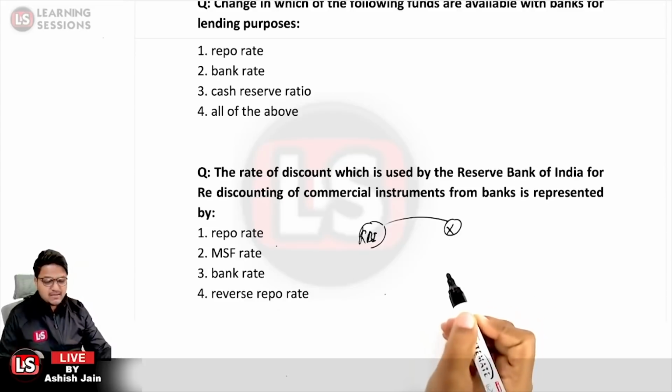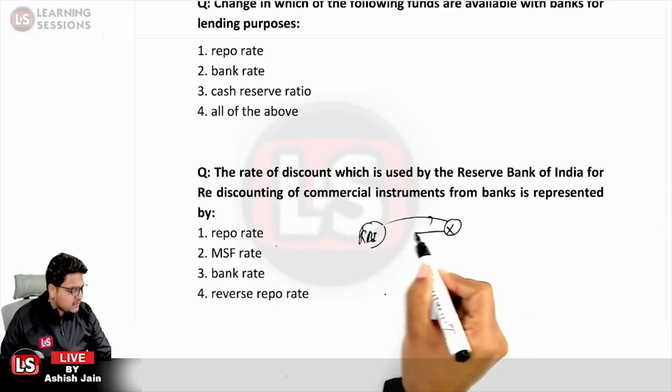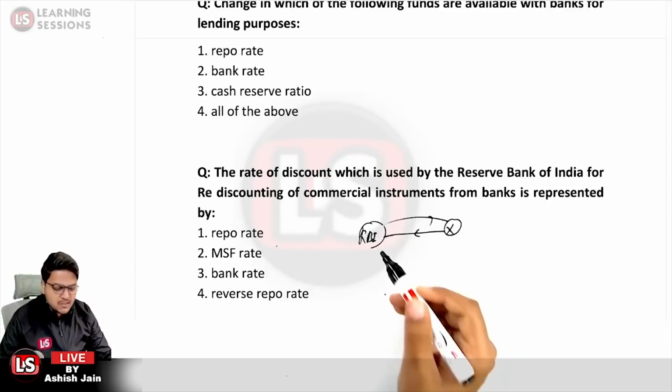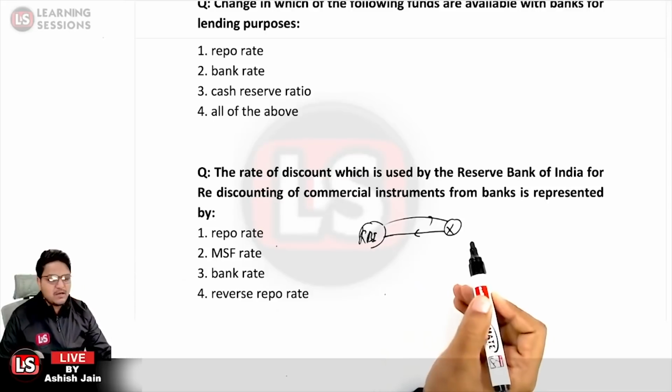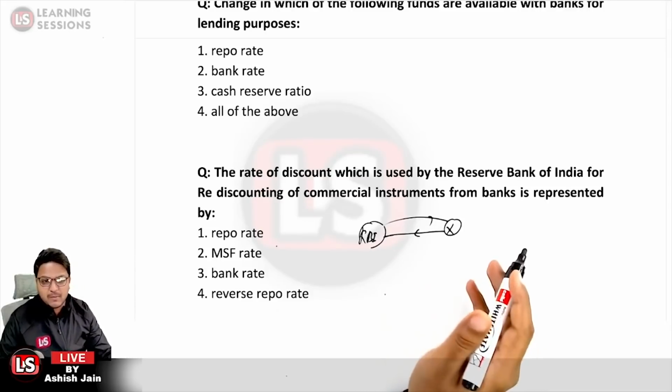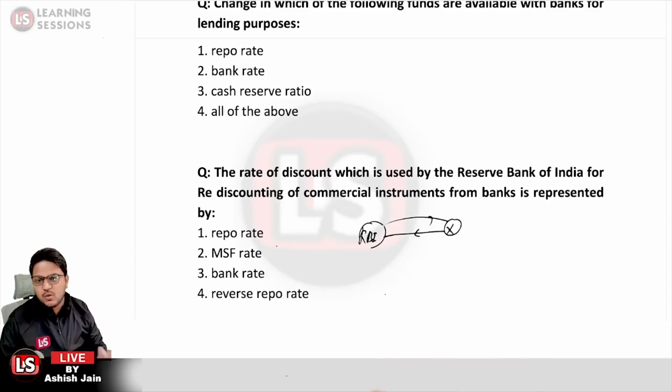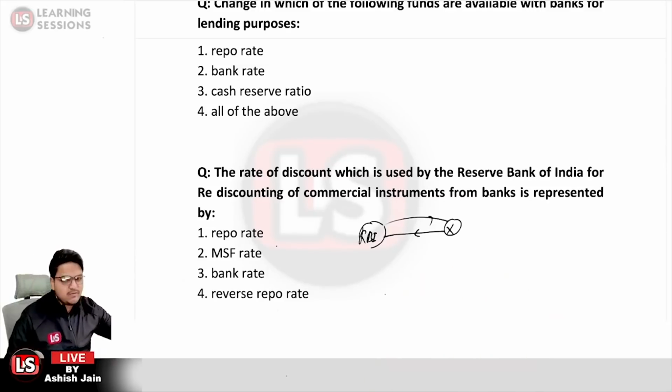Let us take the case bank X is over there, and further banks are to give the liquidity to the Reserve Bank of India. They will be placing the surplus deposits with the Reserve Bank of India, and after some particular period at a particular price, the Reserve Bank of India will be repurchasing those securities. So that is the case of the reverse repo rate.